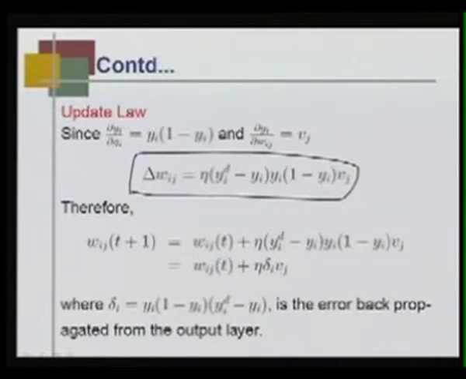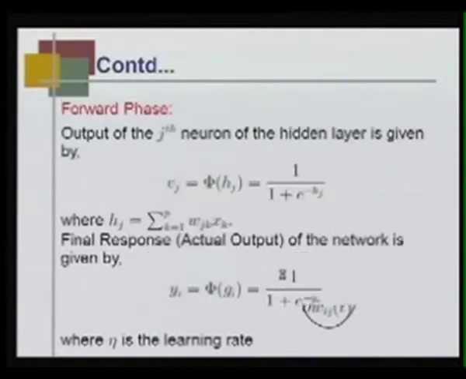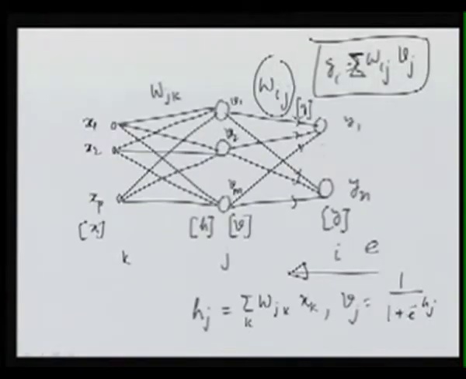The weight update algorithm we wrote in a generalized format: w_ij(t+1) is w_ij(t) plus eta delta_i v_j, and v_j is the input. You can see easily here that when I am updating weights for w_ij, v_j is my input to the weights in this layer.